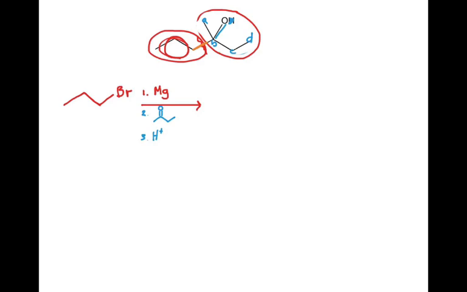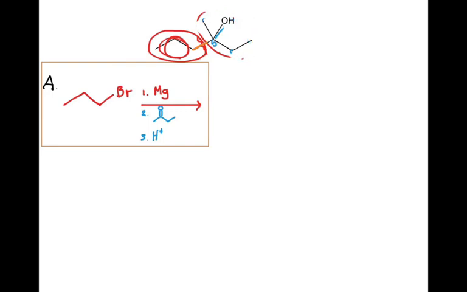Okay, so what we have here is one pathway to synthesize that compound. So let's put that as an answer here. Alright, originally I asked you to do this 2 different ways, so let's erase again so we have a clear set.